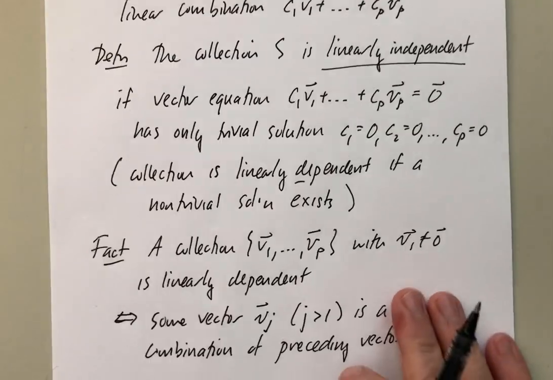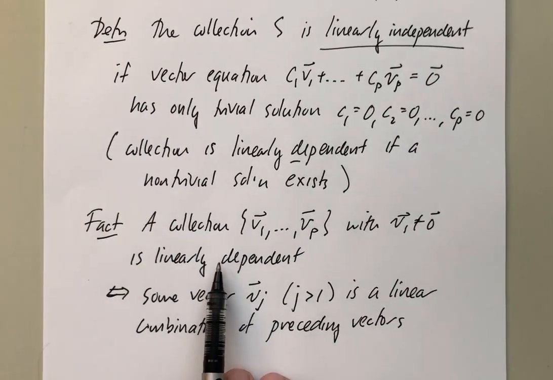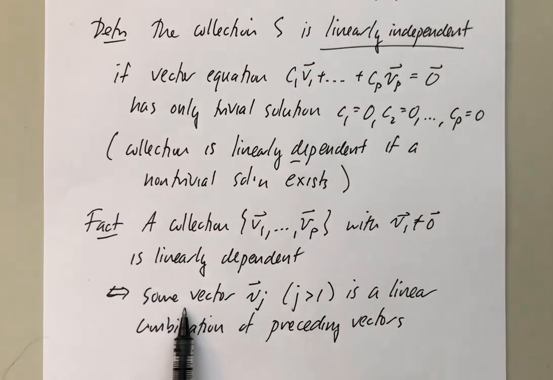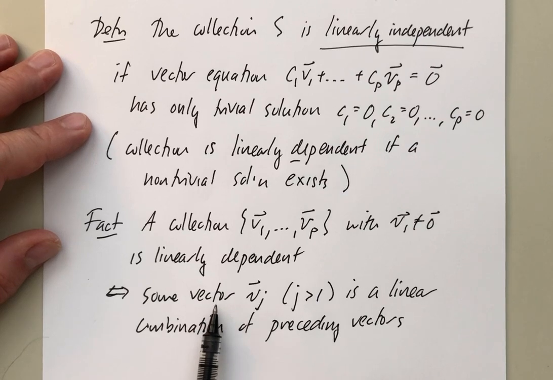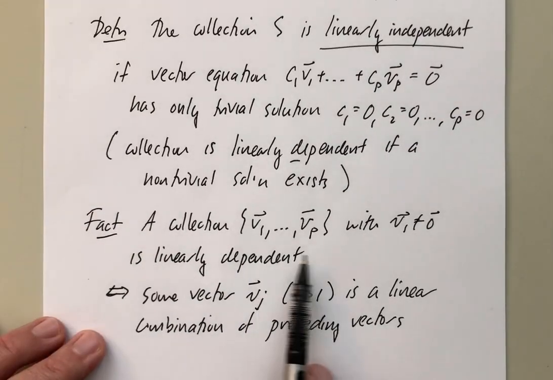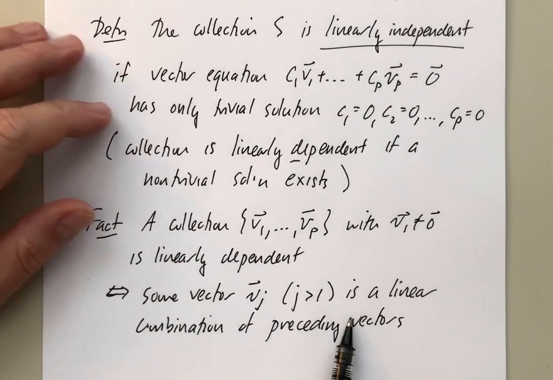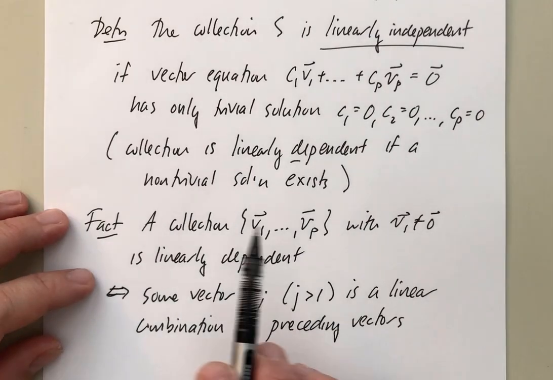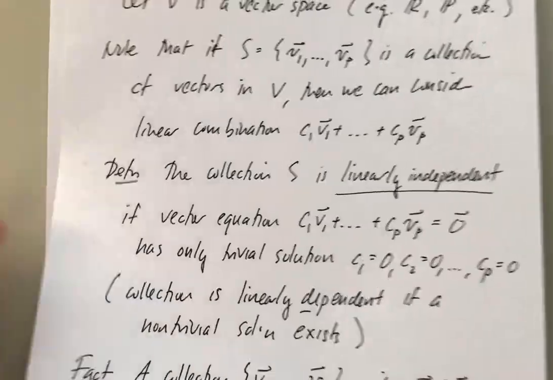Okay, so this should look familiar to what we saw in the case of Rn, that if you have a collection of vectors that's linearly dependent, some vector can be written as a linear combination. In fact, you can take that vector to be a linear combination of the preceding vectors, meaning the ones that come before it in the list. And if you can write a vector as a linear combination of any collection of vectors, actually, then it's going to be a dependent set. Again, these are familiar notions from earlier sections, just now in the more general context of vector spaces.